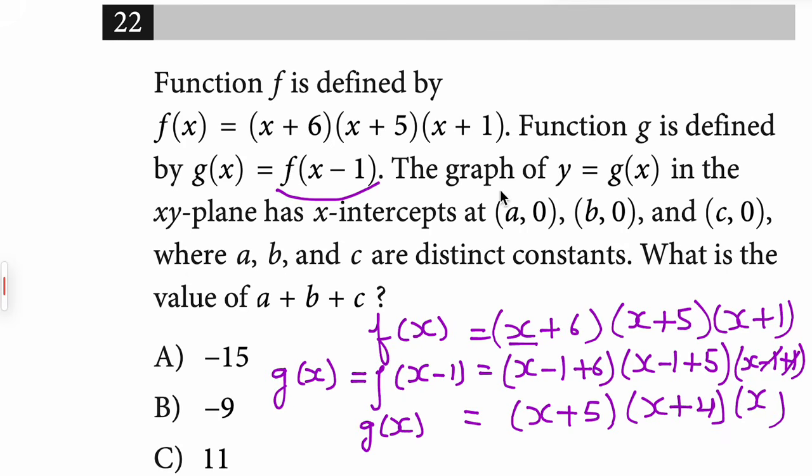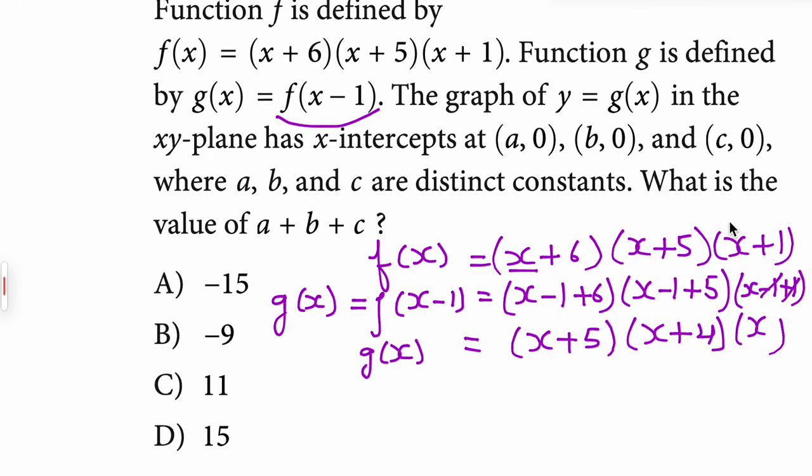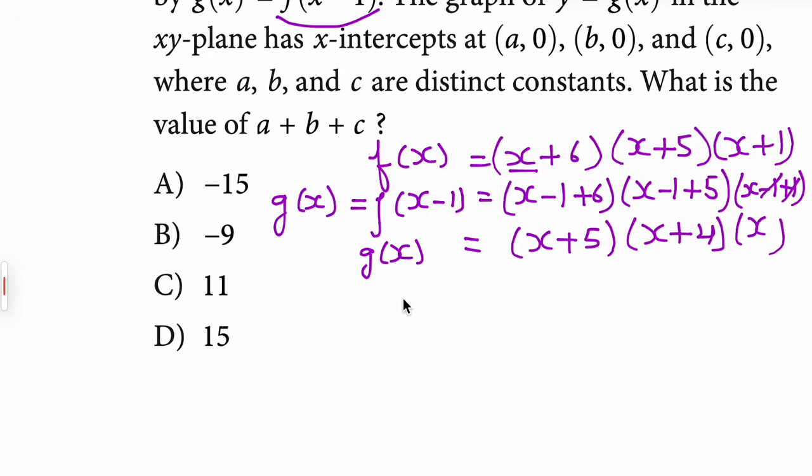Okay, the graph of y is equal to g of x in the xy plane has x-intercepts at a, 0, b, 0, c, 0. Whenever the question says x-intercept, that means you have to put function y or g of x at 0. So that is equal to x plus 5, x plus 4 and x.